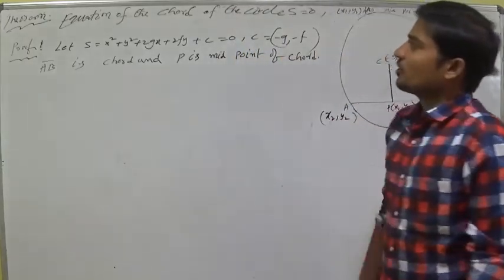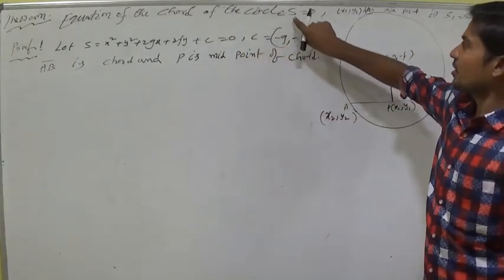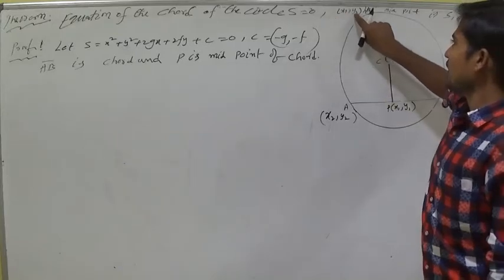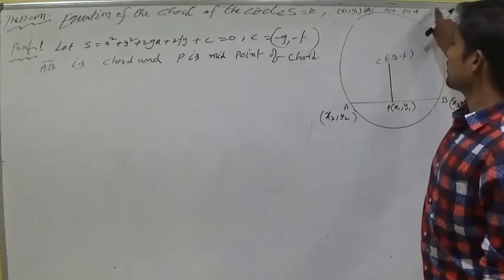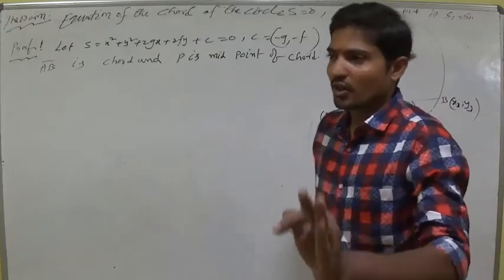See, if the equation of the chord of the circle S equal to 0 has midpoint (x1, y1), then S1 is equal to S11, which we have to prove.